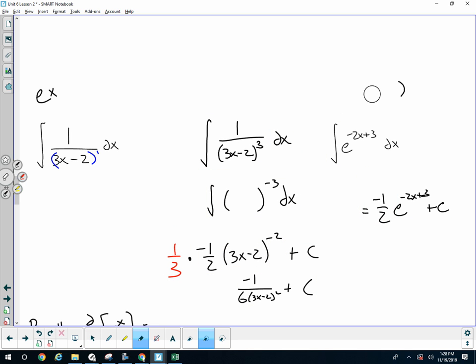It's tricky. The natural log function would be the antiderivative of the outside. Leave the inside alone, but make sure we remember to multiply by the reciprocal of the coefficient of that x value because of the chain rule.